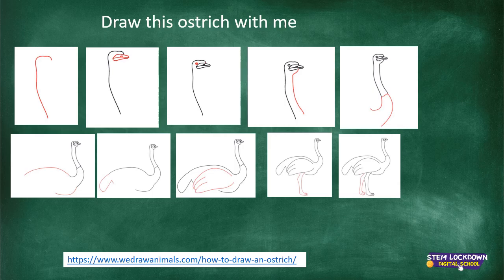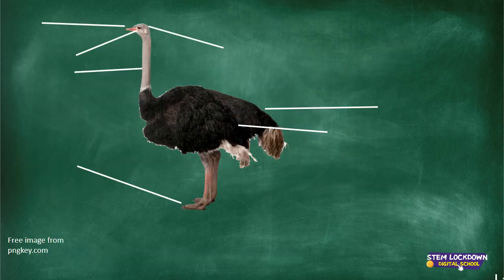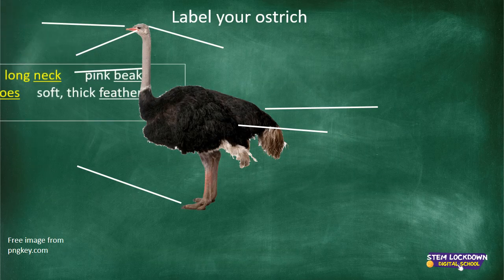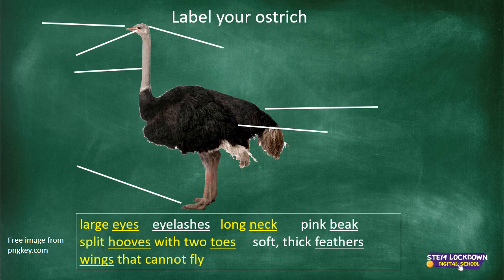Are you ready to label it? Great. Are you ready to label your ostrich? Great. Let's read some of the body parts together. Large eyes, eyelashes, long neck, pink beak, split hooves with 2 toes, soft thick feathers, wings that cannot fly.